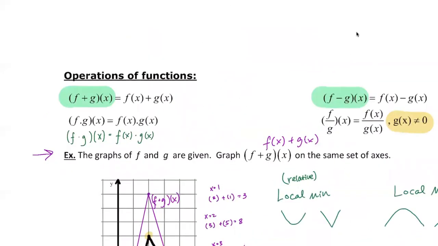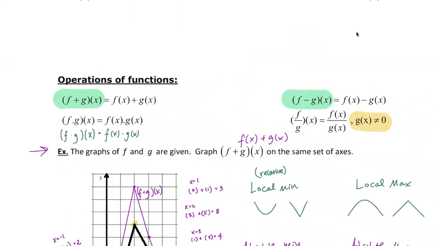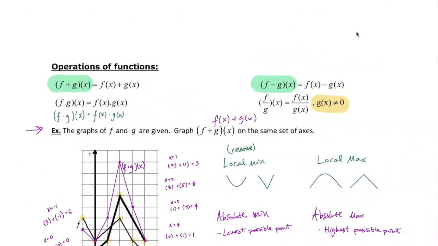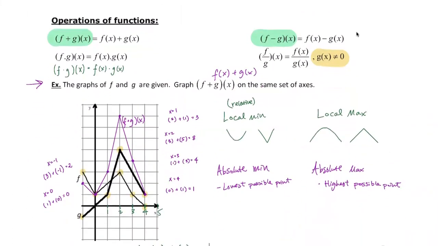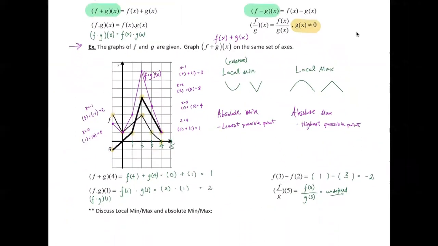We have addition, subtraction, multiplication, and division. The key thing is to make sure that you know how to interpret these functions. We may give you a graph, a table, or equations for those functions.